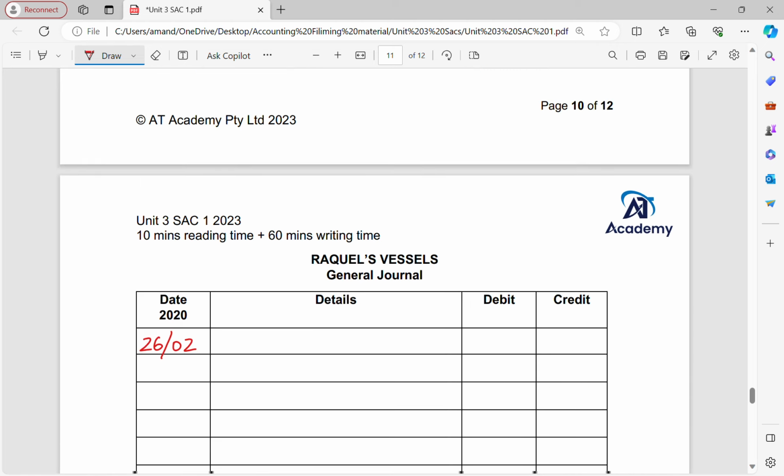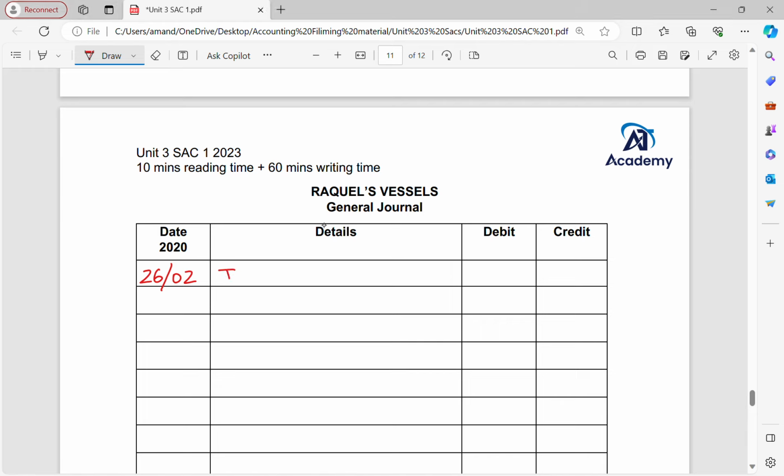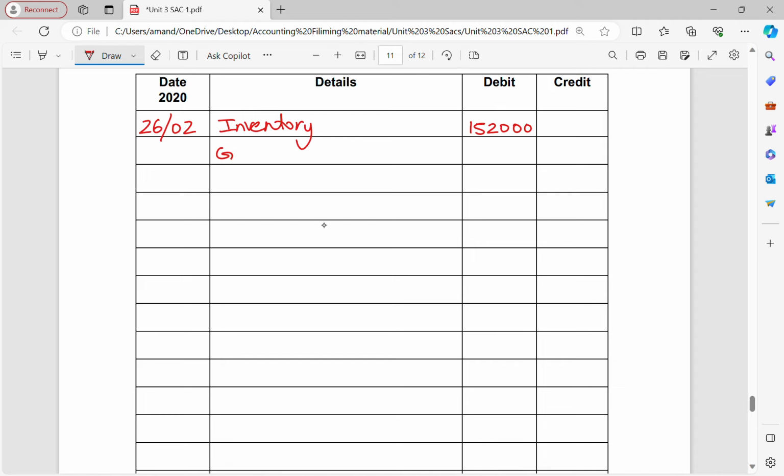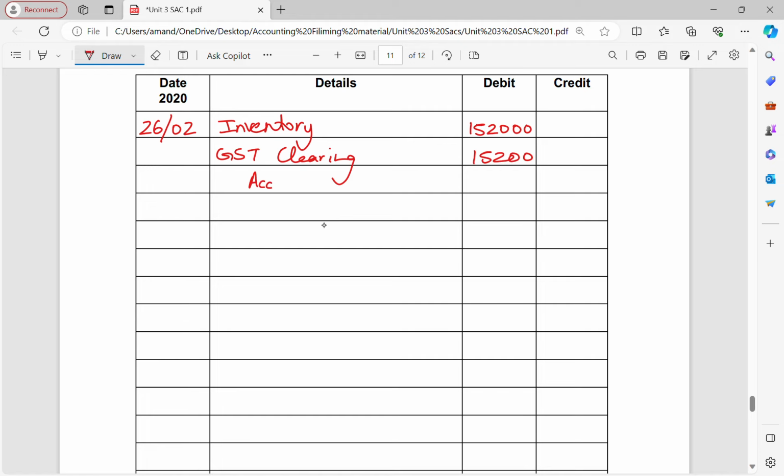So 7,600 times 20, and then inventory increases by 152,000, GST clearing 15,200, and then accounts payable.